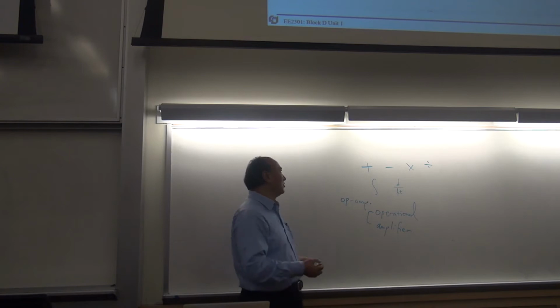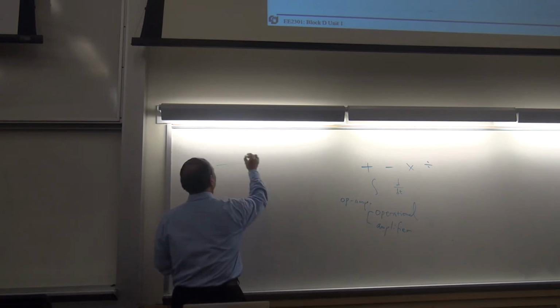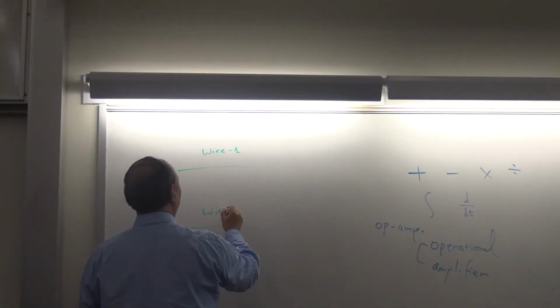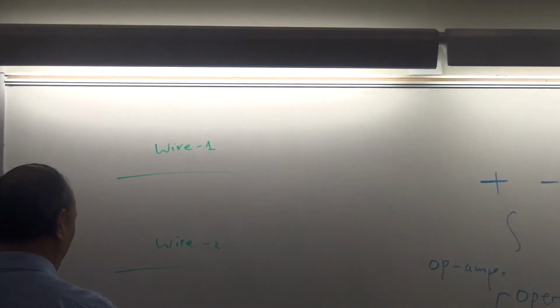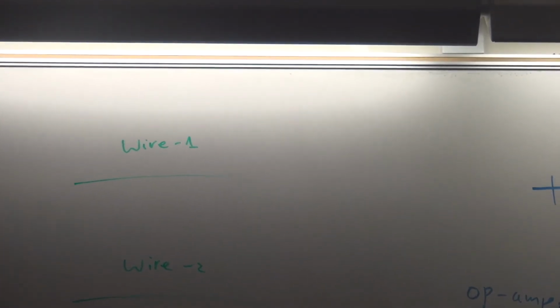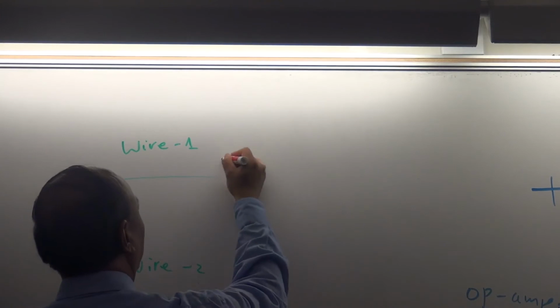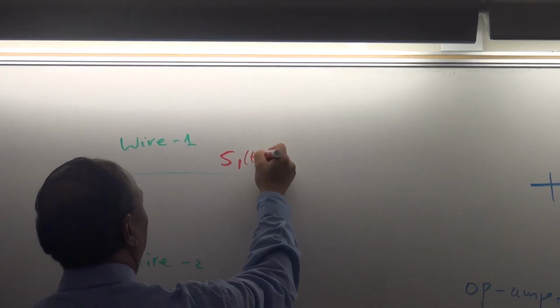Supposedly you pull out a wire. This is your wire number 1. You have another wire number 2, and of course your ground is here. This is signal 1, which is time varying.